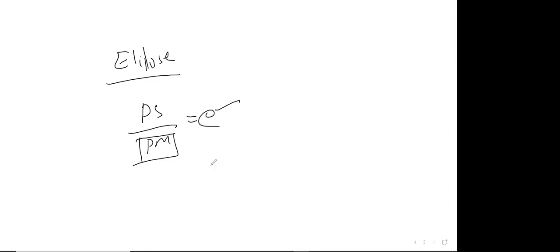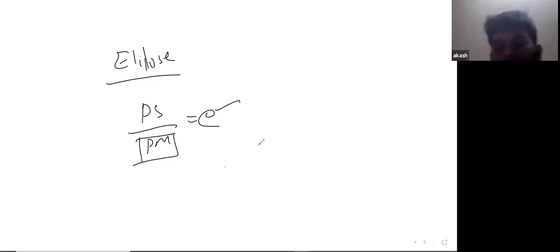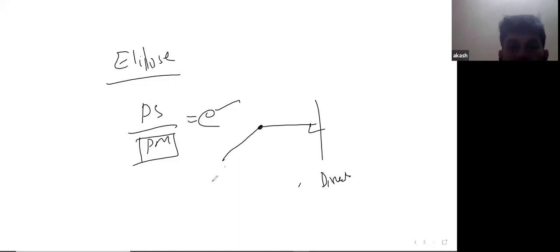So the definition is the locus of all the points where the distance to the point is less than the distance to the line. This line is also called the directrix, and this is the focus. So these three curves, parabola, hyperbola, and ellipse, are categorized with respect to eccentricity, the ratio.